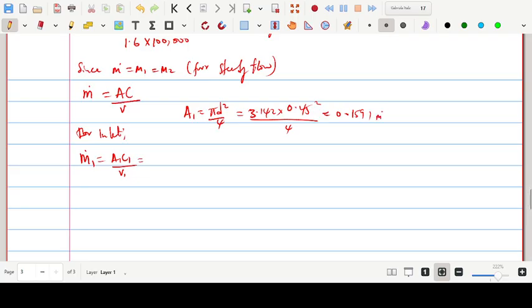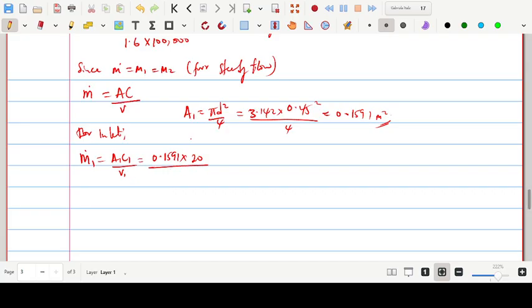So this one is meter squared, since it is area. Now let us substitute. This one is now 0.1591 multiplied by 20, which is the velocity. Is that taken? So this is the velocity.